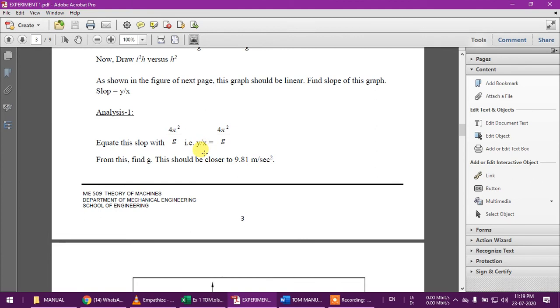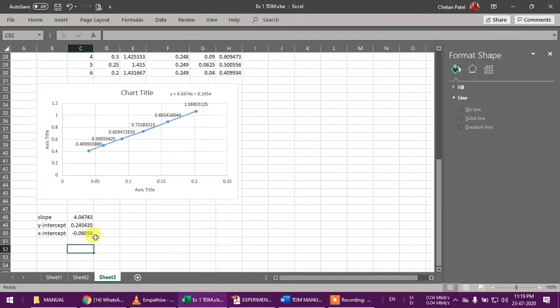So to check this, what we need to do, we need to equate slope to be equal to 4 pi square by g, or you can say g is equal to 4 pi square by slope. So let us do that thing. So here is the slope.